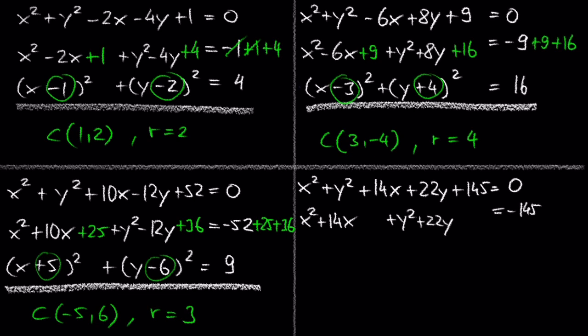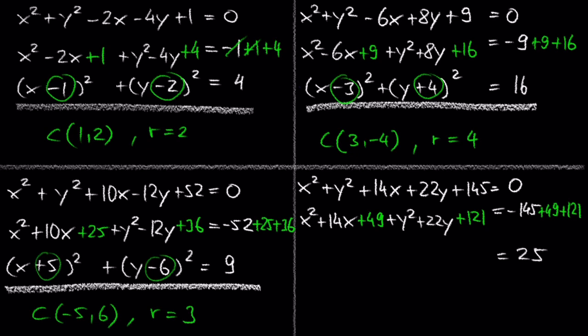The half of 14 is 7 and 7 squared is 49. The half of 22 is 11 and 11 squared is 121. 49 plus 121 is 170 and 170 minus 145 is 25.